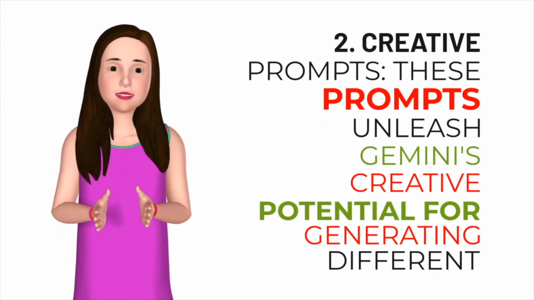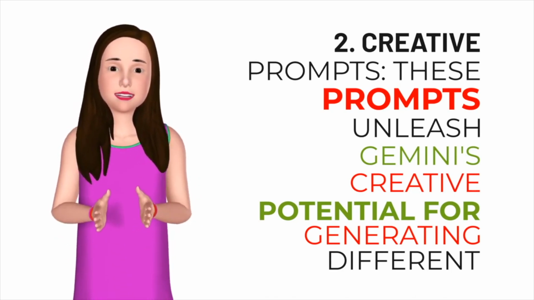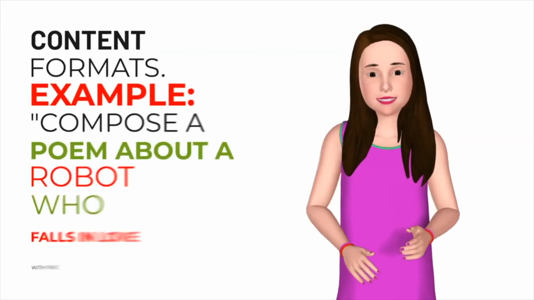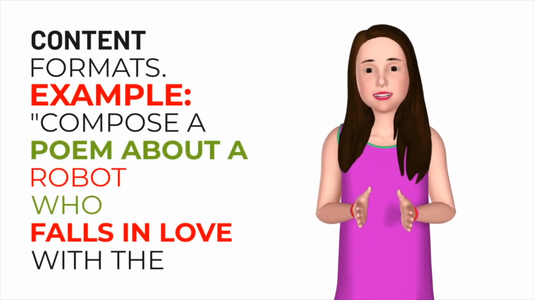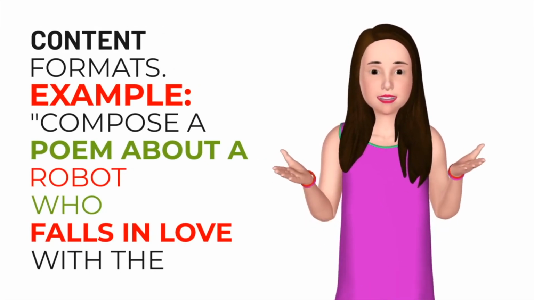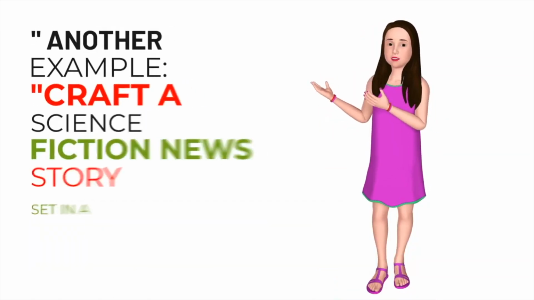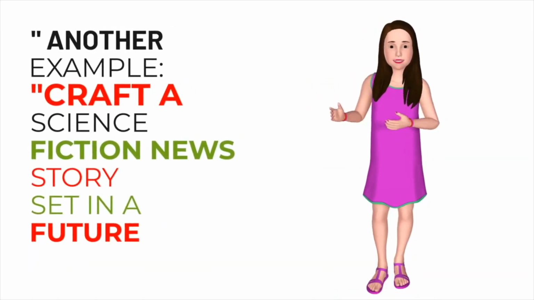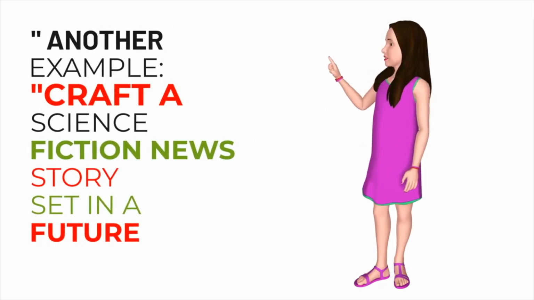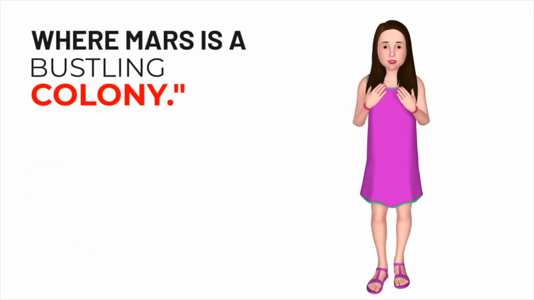These prompts unleash Gemini's creative potential for generating different content formats. Example: compose a poem about a robot who falls in love with the moon. Another example: craft a science fiction news story set in a future where Mars is a bustling colony.